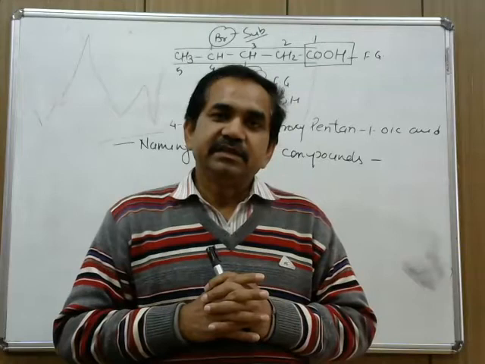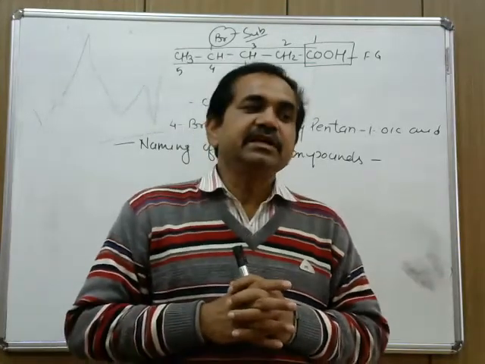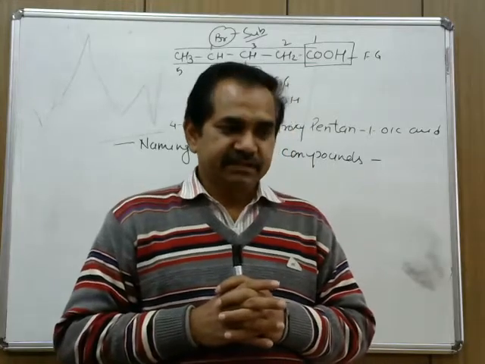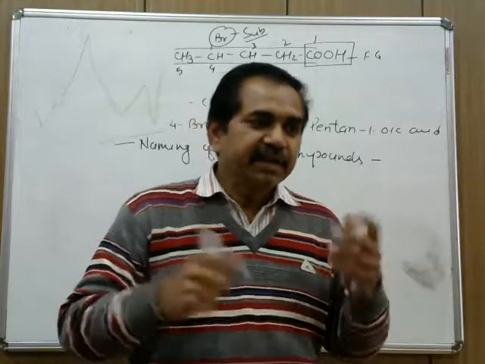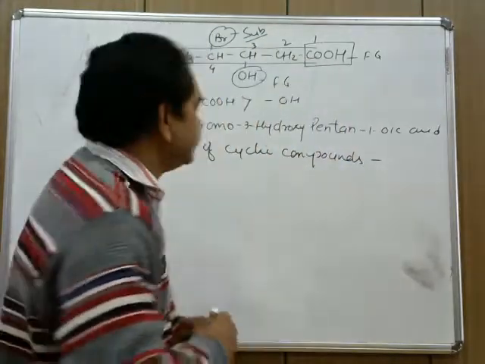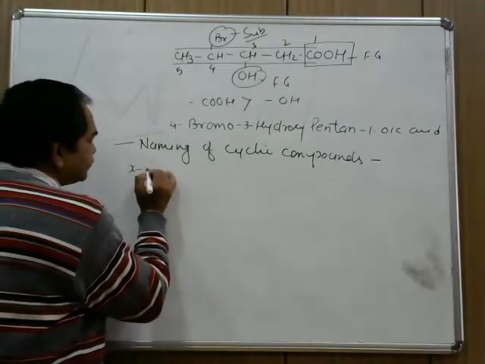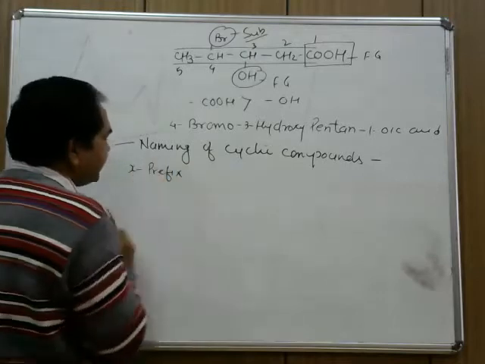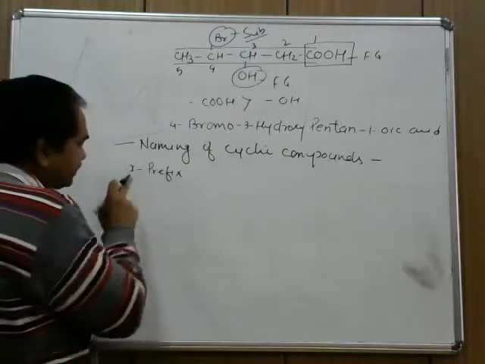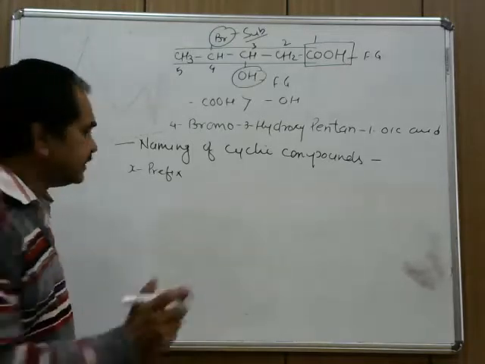Only the word cyclo is written before the root word. For the naming of cyclo compounds, we use X, name of prefix, where X represents the locant of the prefix, its position.